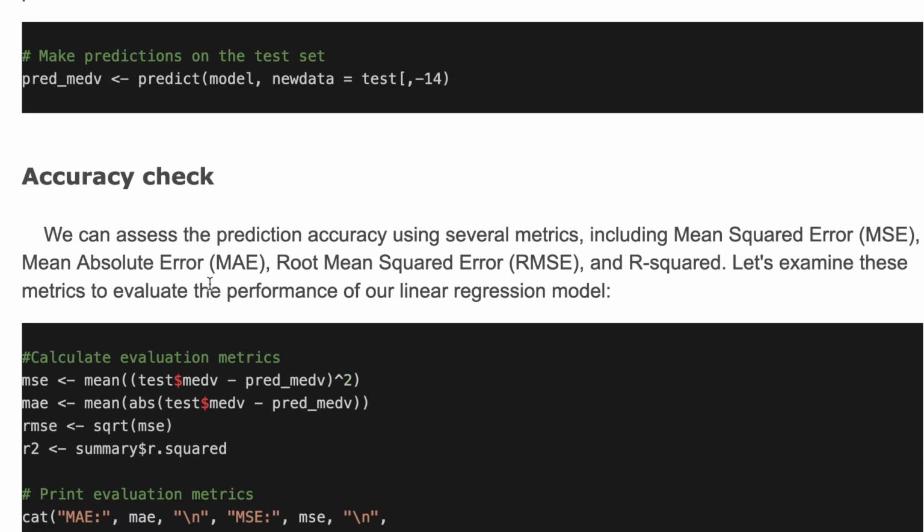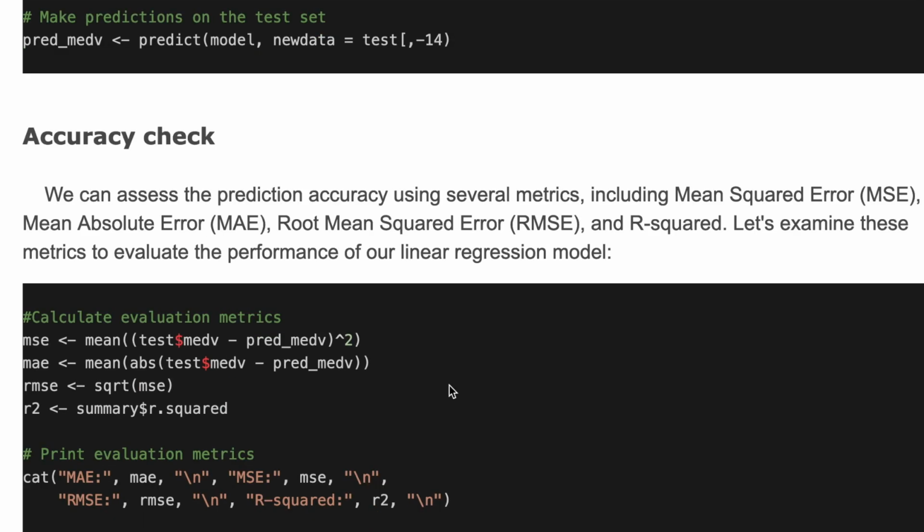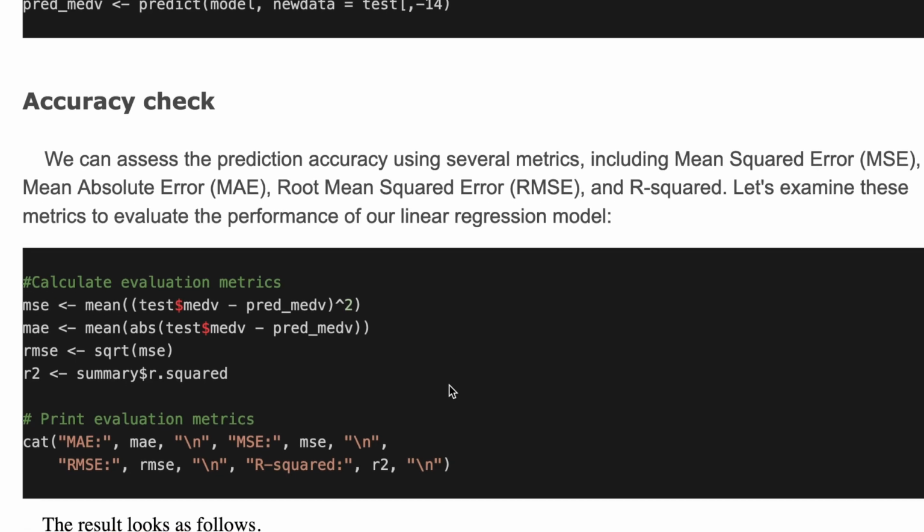After prediction, we assess the prediction accuracy using several metrics, including mean squared error, mean absolute error, root mean squared error, and R squared. We'll examine these metrics to evaluate the performance of our linear regression model.